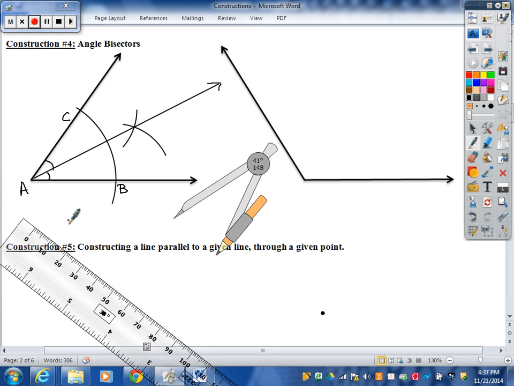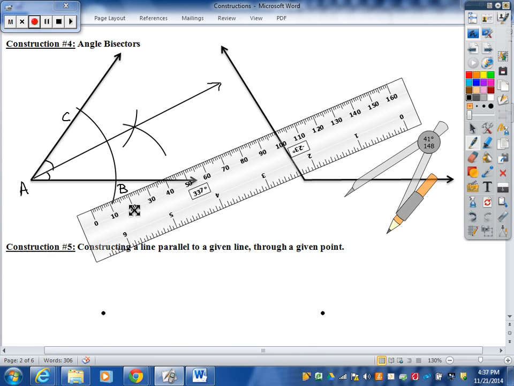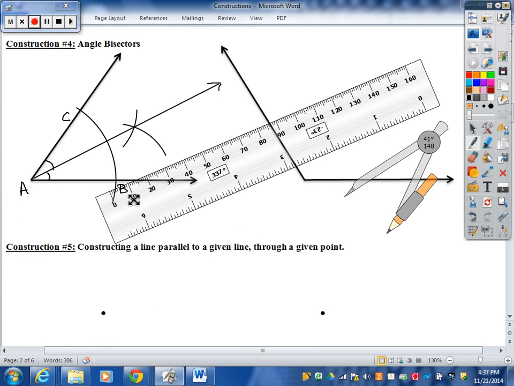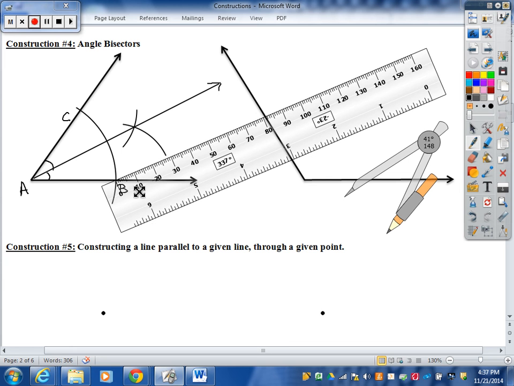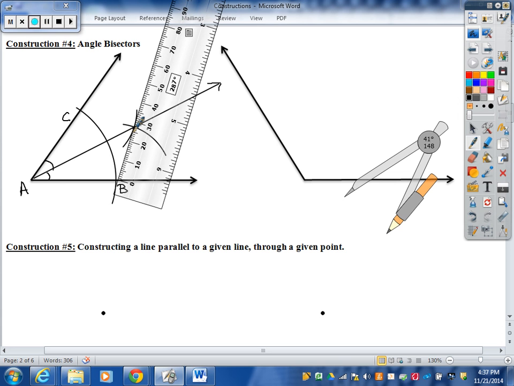Now you may be sitting there thinking, okay, why does that work? Well, what I'm going to do to prove to you that this will be an angle bisector, besides the fact that it looks pretty accurate right there, it looks like two congruent angles, I'm going to go ahead and connect point B to the intersecting arcs.